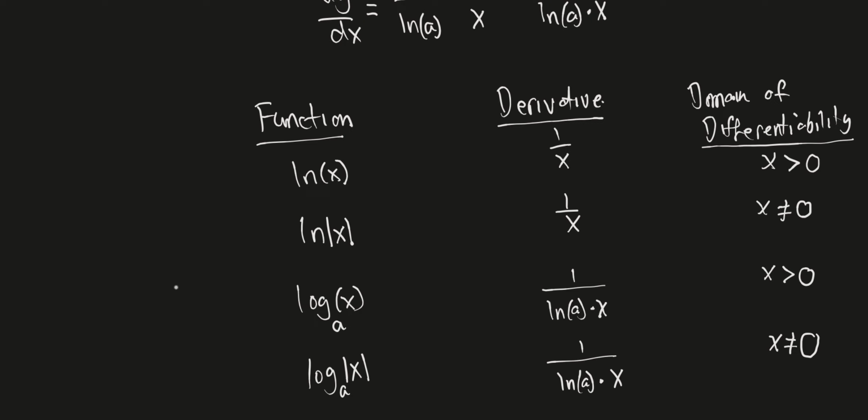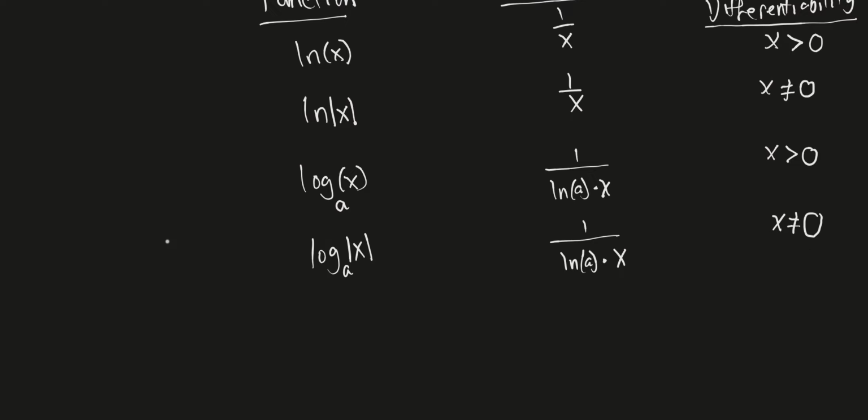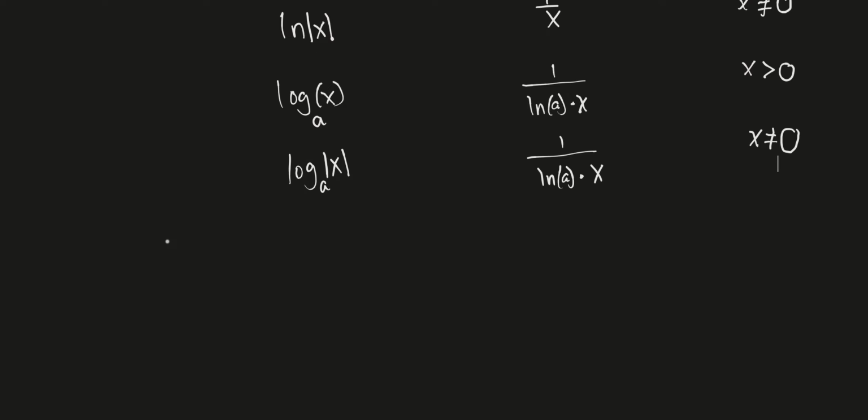All right. So that was a lot of algebra, a lot of stuff to derive, but now we can differentiate a lot more functions. Let's wrap up with a few examples to see how this works.